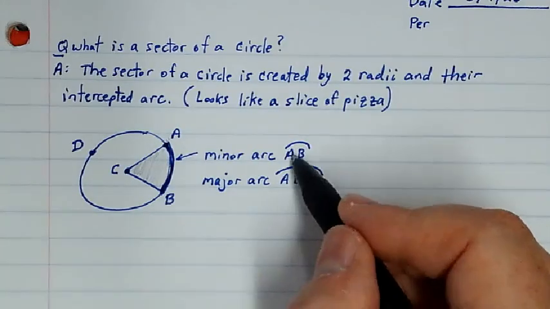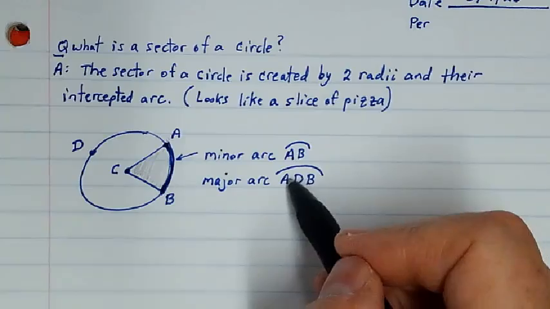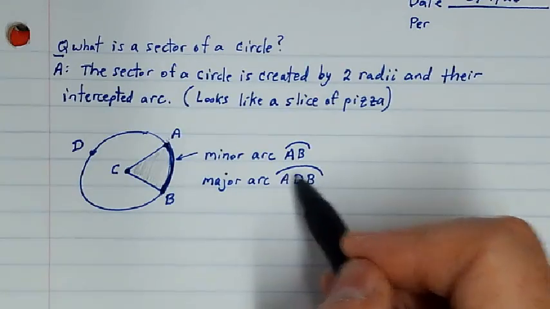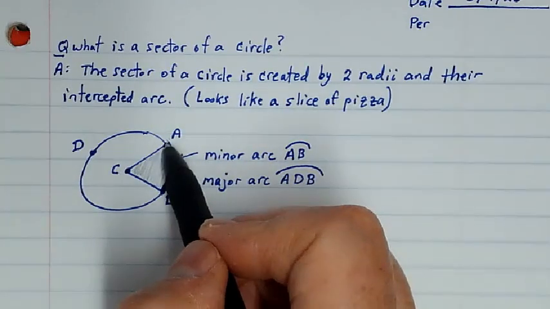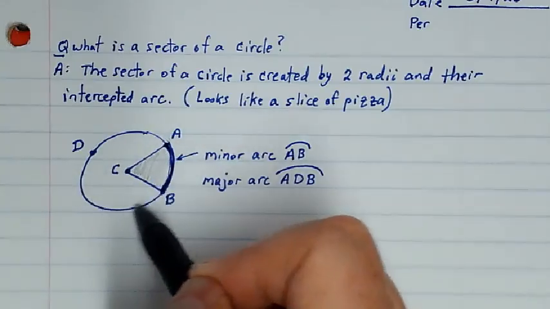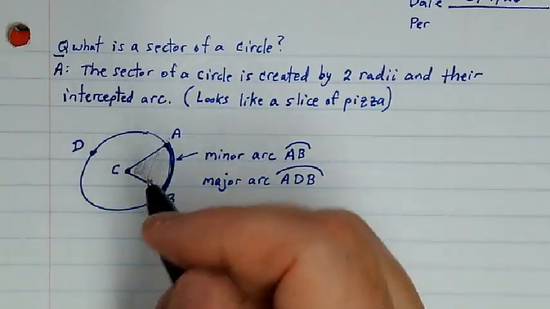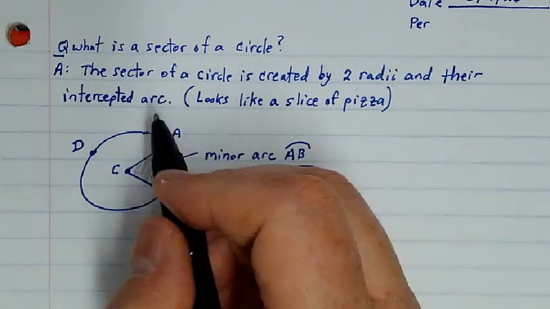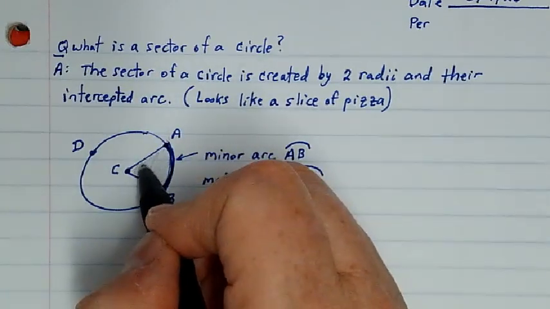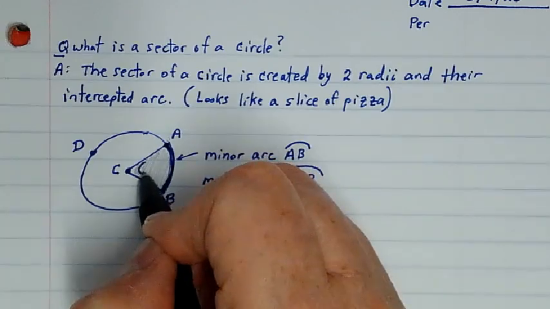The way we notate that is we put the point D in between the A and the B, which indicates it starts at A, goes in the direction of D, and ends up at B. That's the major arc. Also, the central angle, right here, we're going to call theta from now on.